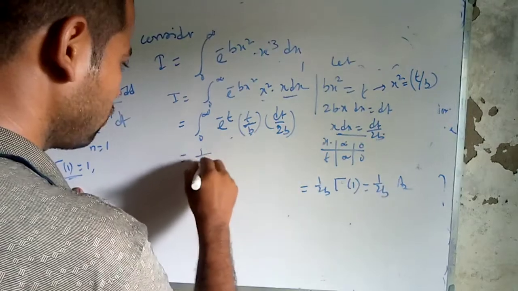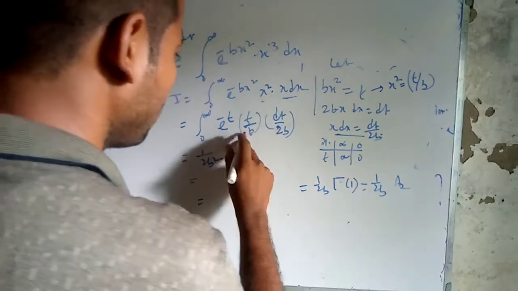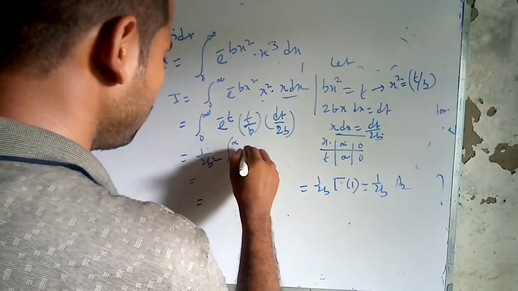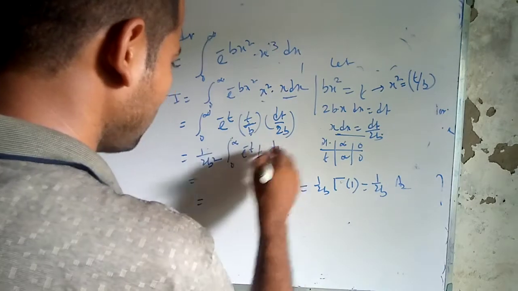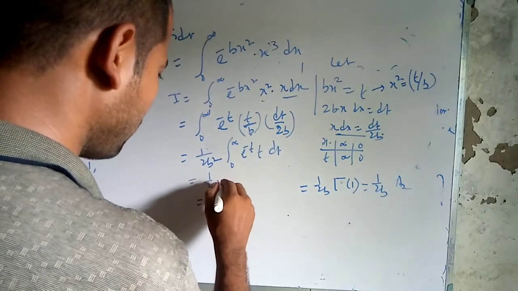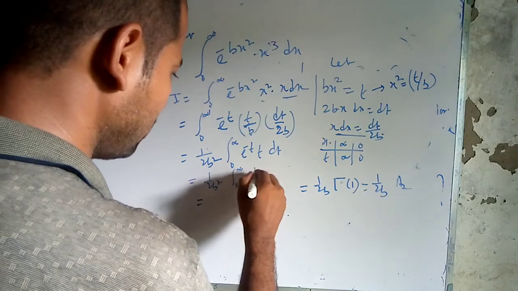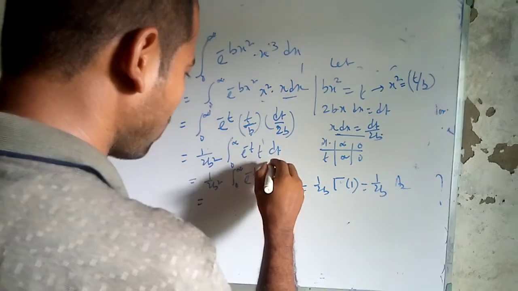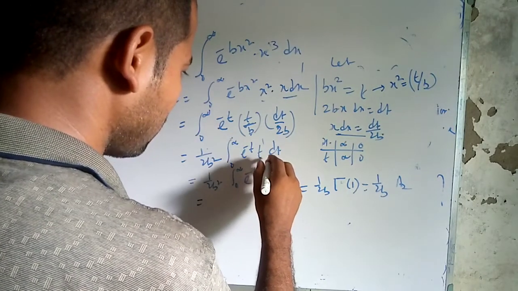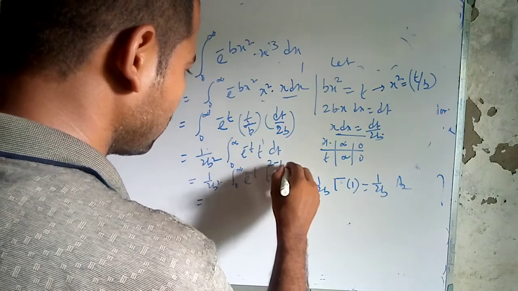This becomes 2b squared, the integral from 0 to infinity of e to the power minus t into t dt, which is 1 by 2b squared times the integral from 0 to infinity of e to the power minus t into t to the power 2 minus 1 dt.